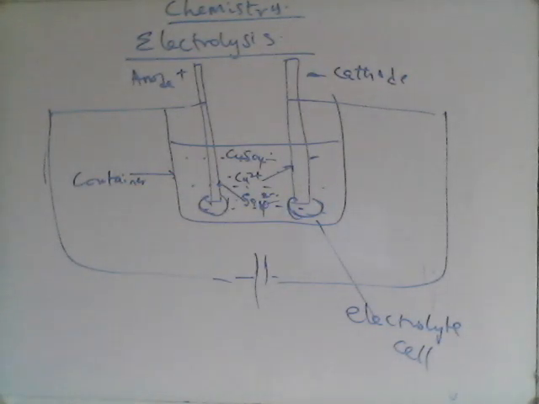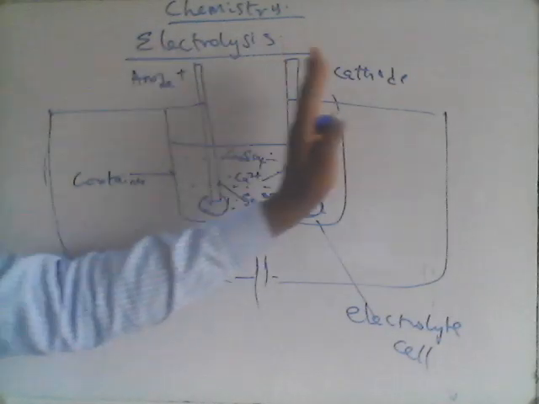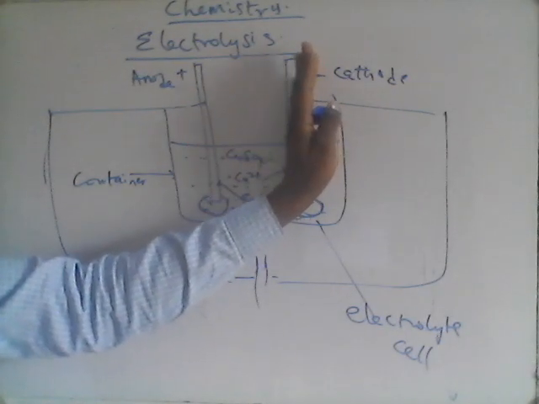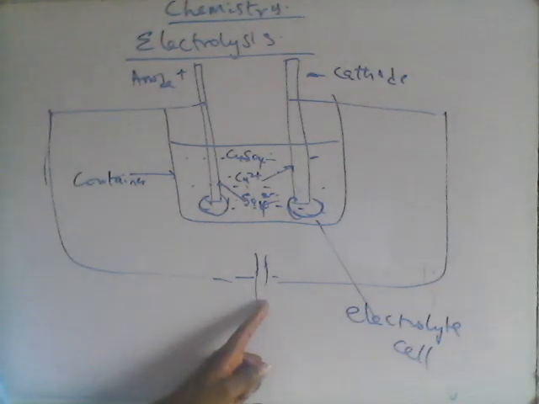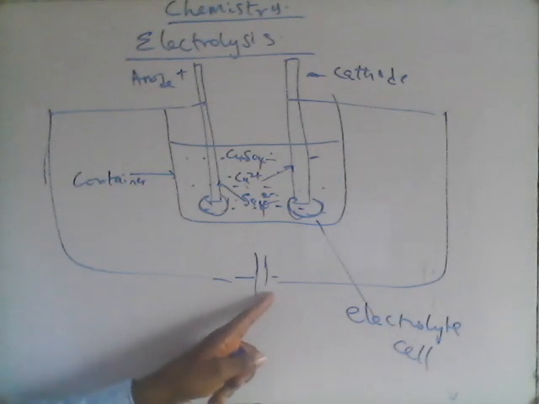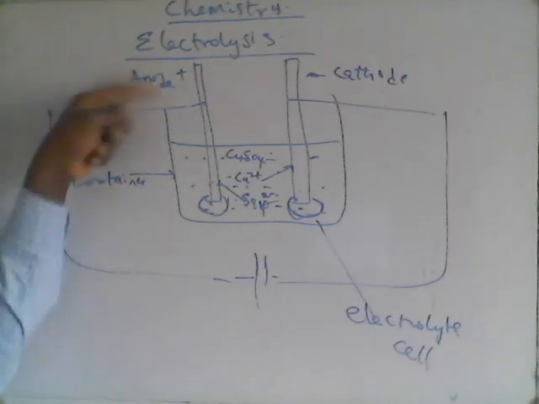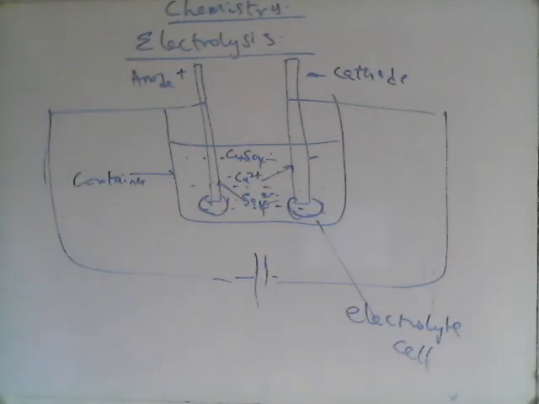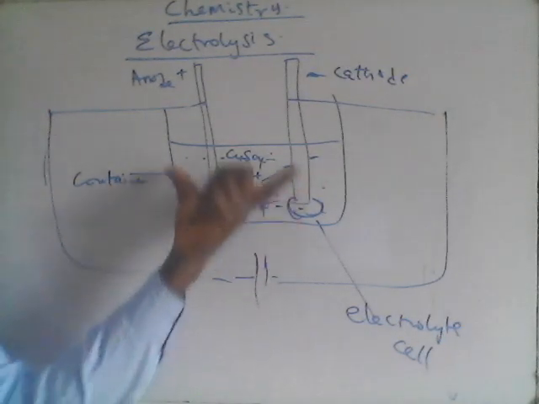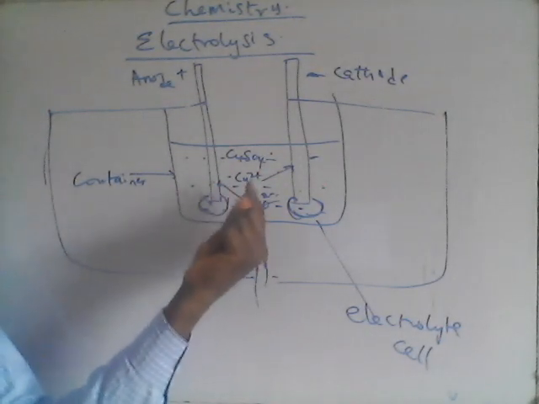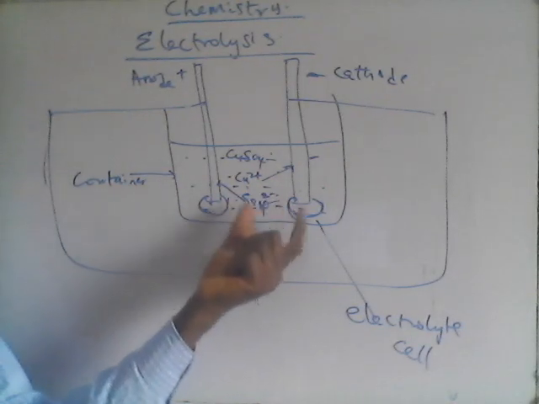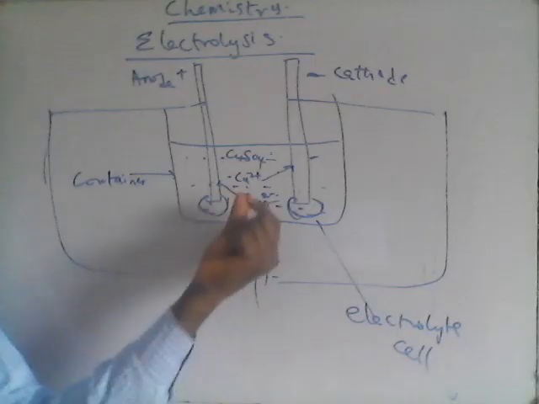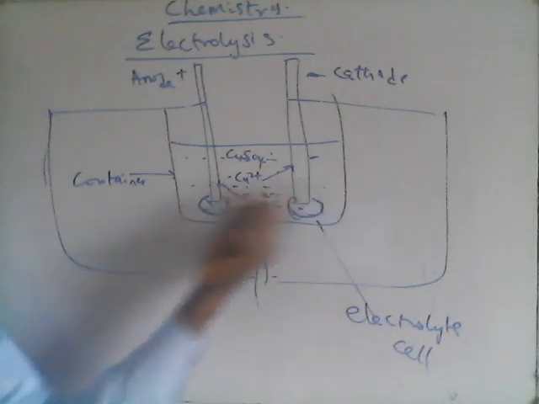A direct current source, from our cell or battery, is applied on this setup, and it brings about the decomposition of the solution. This solution can be any solution that can conduct electricity. By the time you apply it, you can separate the solution into the positive and negative side.